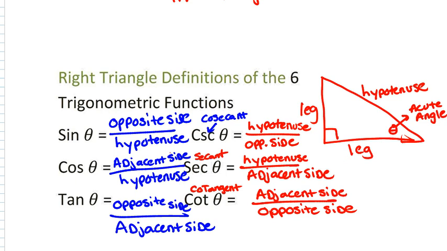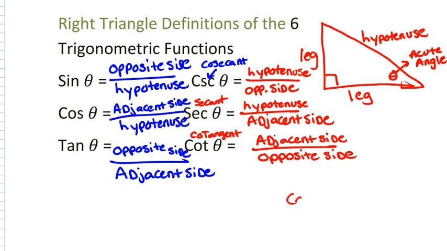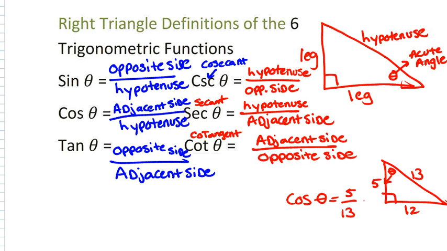So for example, if I said find the cosine of theta and I had a right triangle here and theta was right here and this was 5, 12, and 13, then the cosine of theta would be the adjacent leg or side, which is 5, over the hypotenuse, which is 13. And that's how you deal with the trigonometric functions.